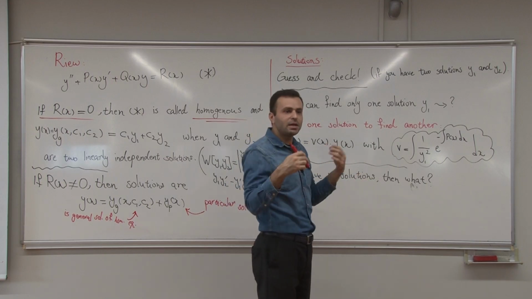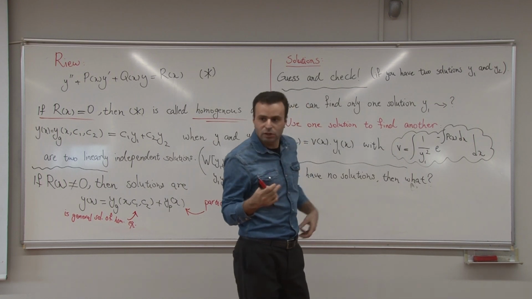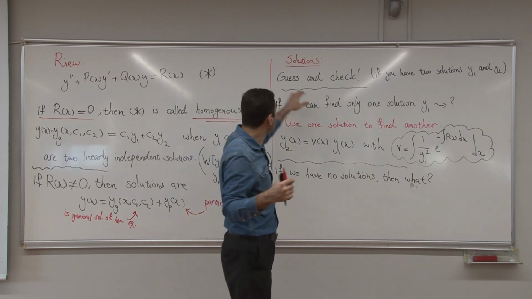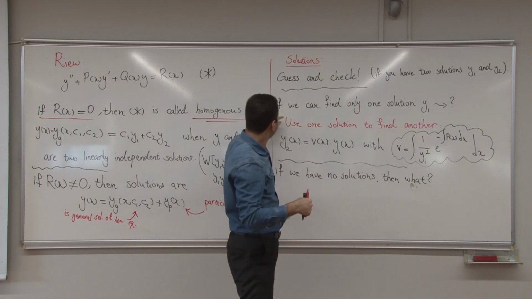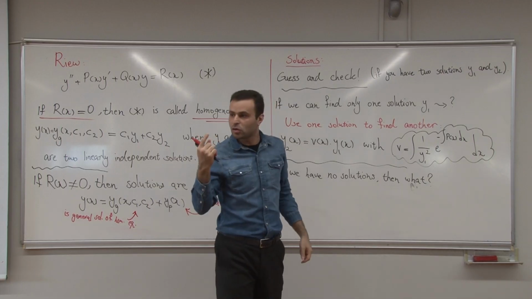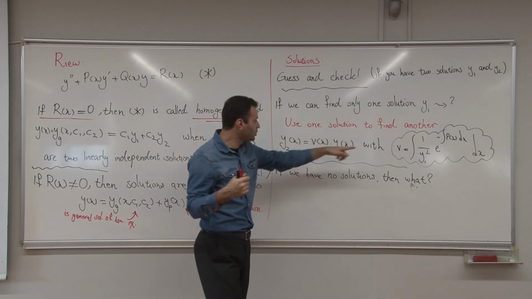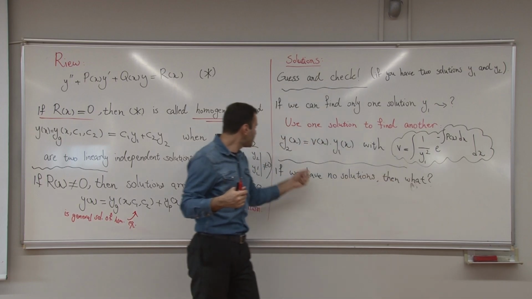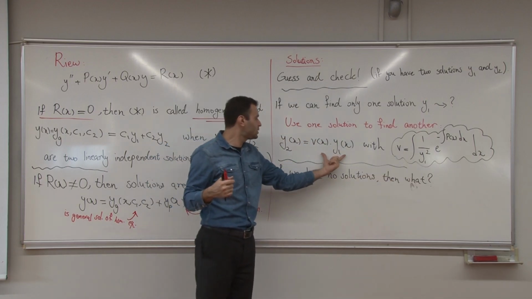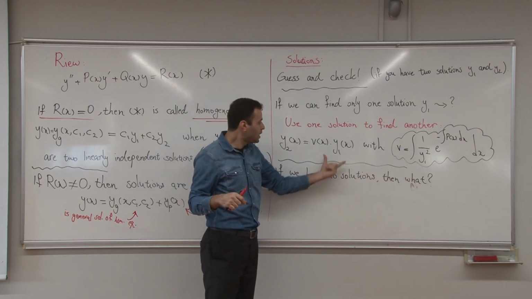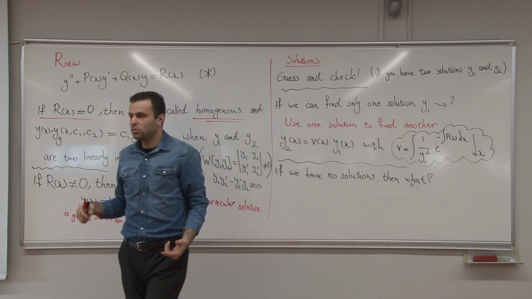If I have been able to find two linearly independent solutions, then good. If I have only been able to guess one solution, then I will use this formula to calculate B, and my second solution is going to be this function. Okay? What if we do not have any solutions?